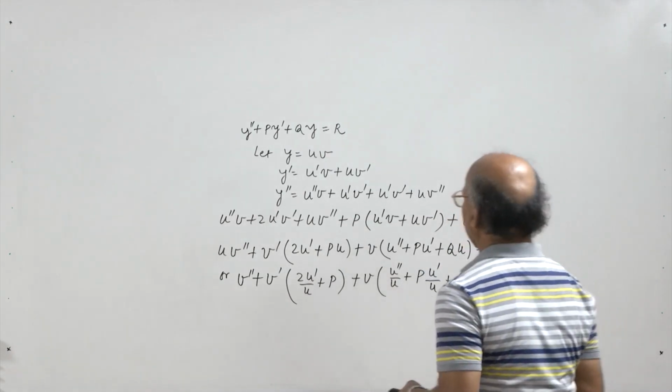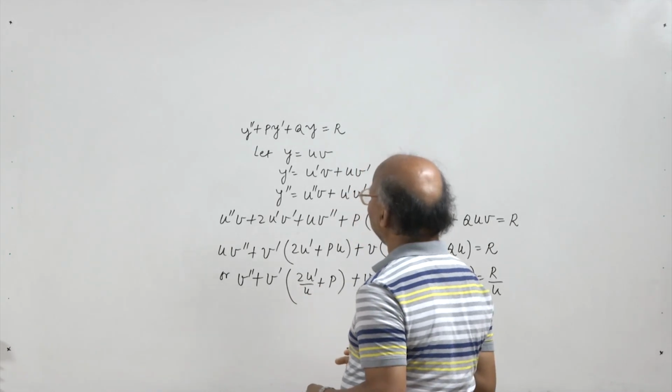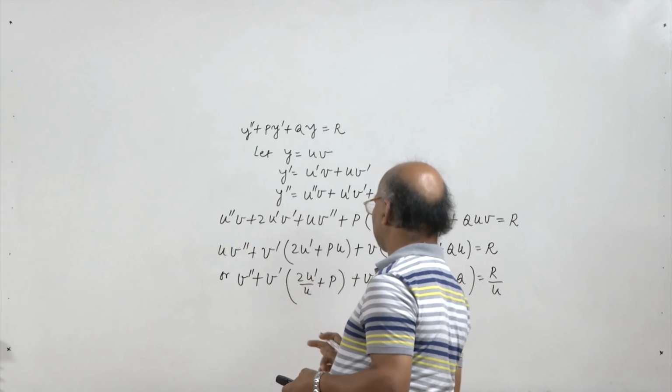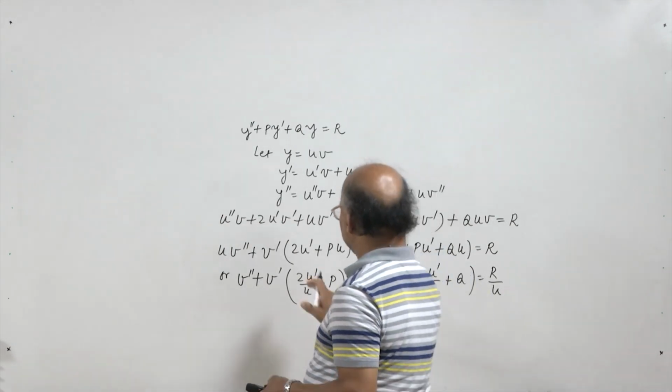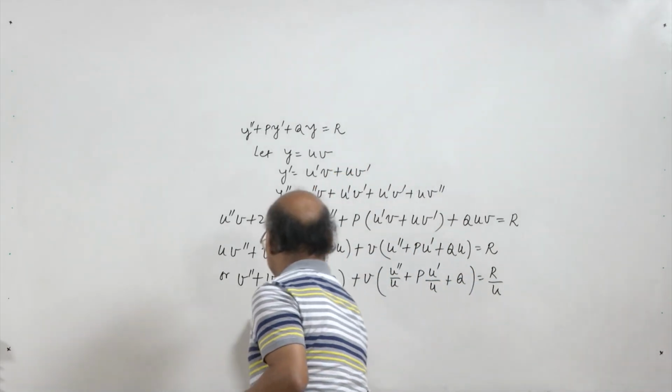Now we are going to reduce this second order differential equation in v to the normal form. Normal form means where the first order derivative term is missing. So let us put 2u dash by u plus p equal to 0.